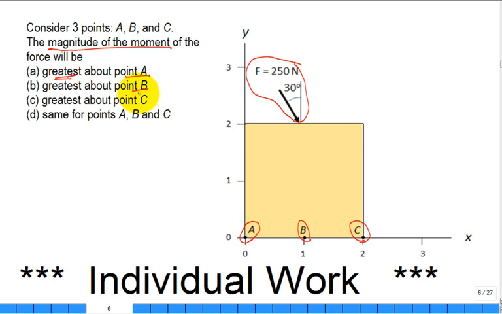Or point B, or point C. Or do all of them give the same magnitude of the moment about either of those points, A, B, or C. Hopefully you understand the question. Let's start the time.